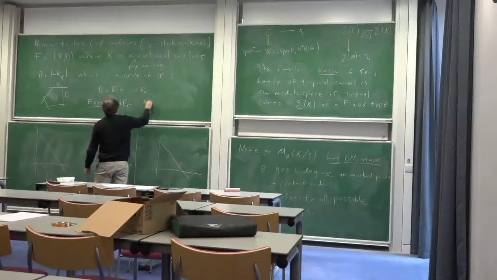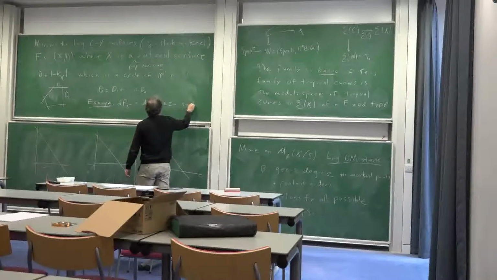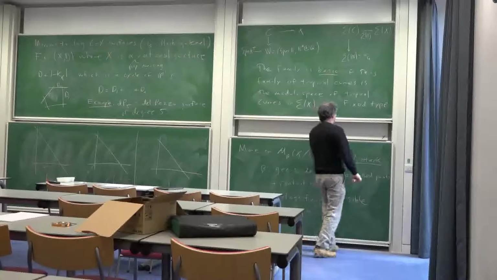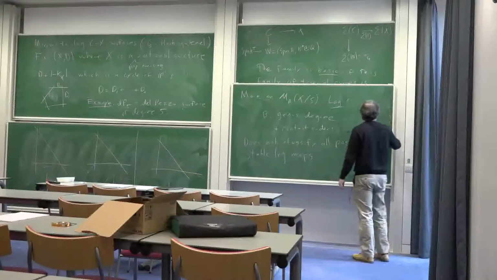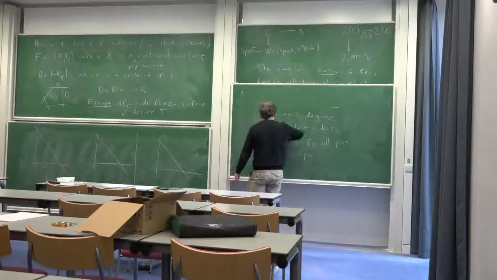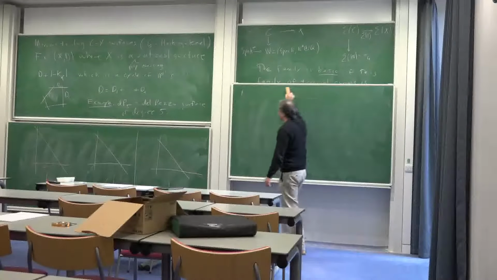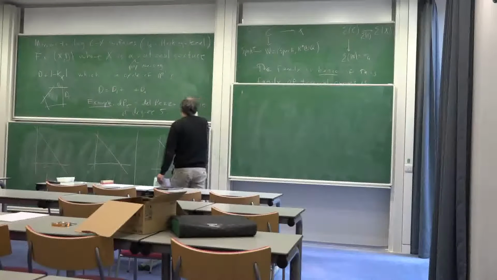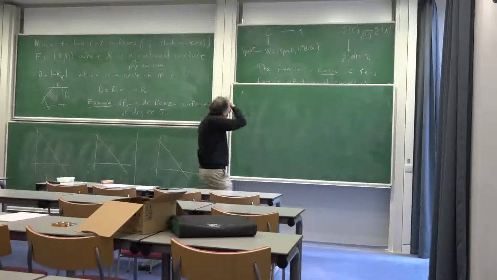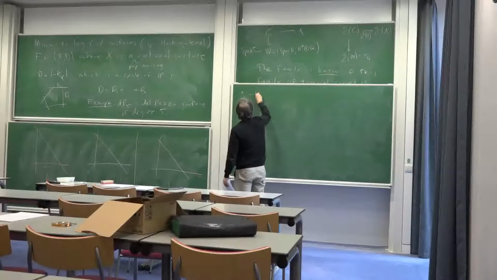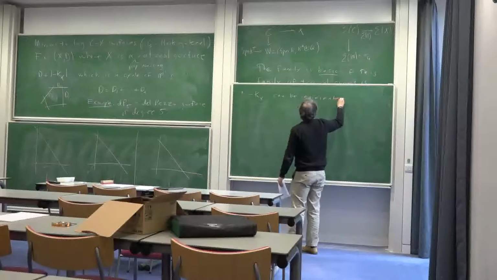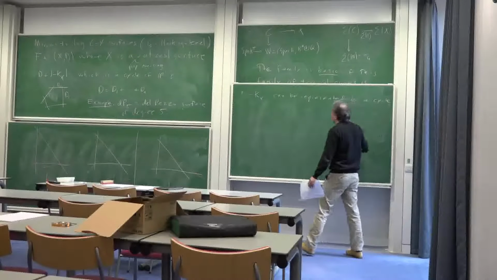Degree 5. So you start with P2, you blow up 4 points, and you can find a cycle of 5, so minus K_X, in this case, can be represented by a cycle of 5 minus 1 curves.